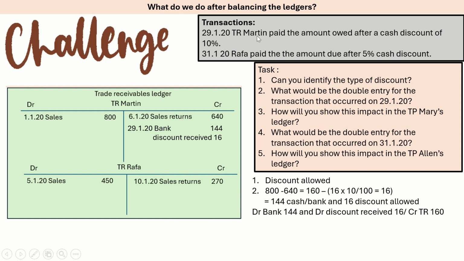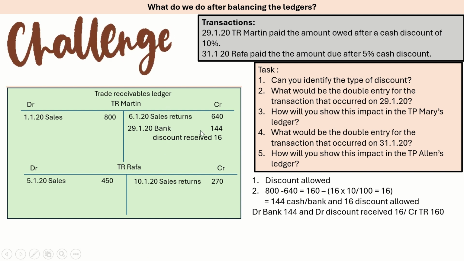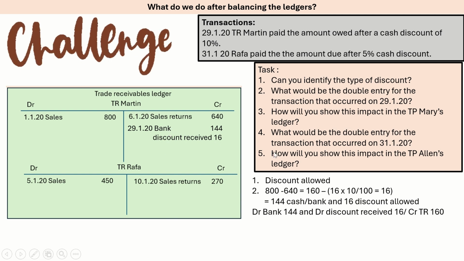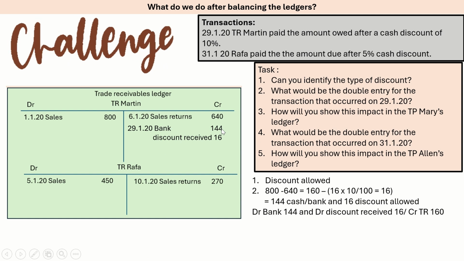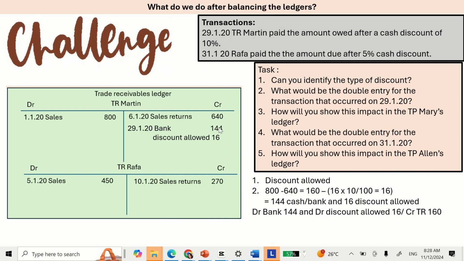So we'll assume on 29th, maybe the payment was by check. In that case, you write bank 160 minus the discount of 16, 144, and then you enter the amount. So bank 144 and discount allowed 16 on the credit side for TR Martin.